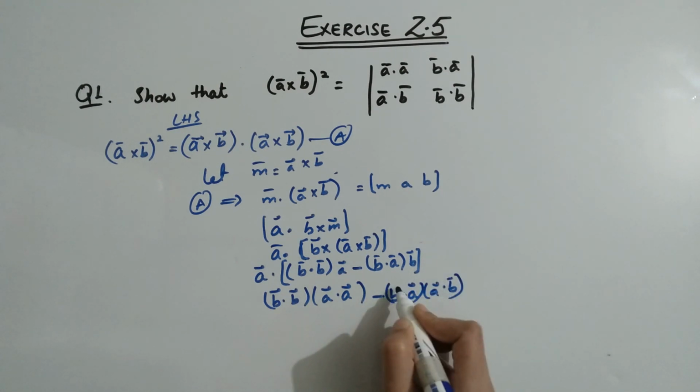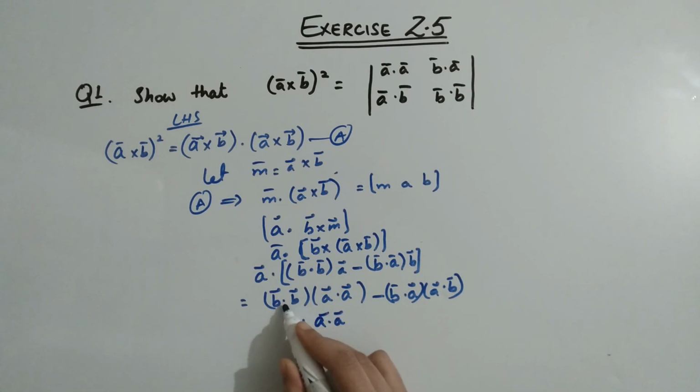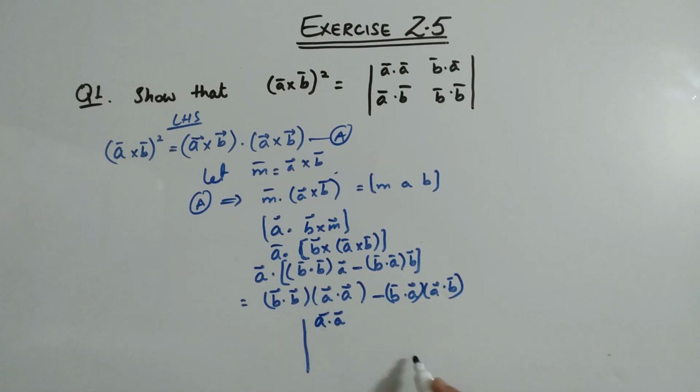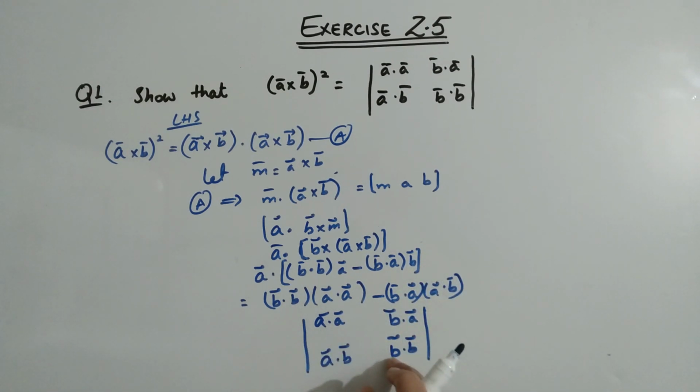Now this can be written as a determinant, that is a dot a here, and b dot b here, minus b dot a and a dot b. Now as you see, if you take the determinant here, you can get this back, that is (a dot a)(b dot b) minus (b dot a)(a dot b). Hence this is the right hand side. This is proved.